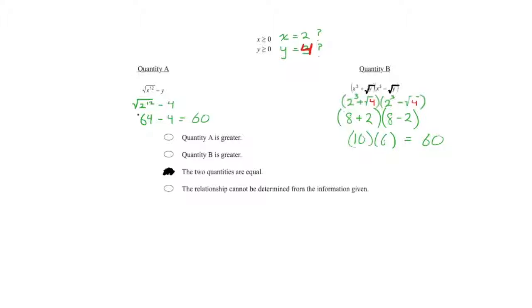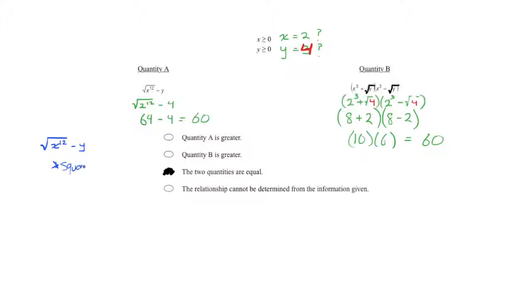So what's going on as far as the more technical, what I sometimes call the more elegant method? Well, we need to look at the square root of x to the 12th minus y as being something slightly different. We need to recognize that square roots are exponents of 1/2, right?